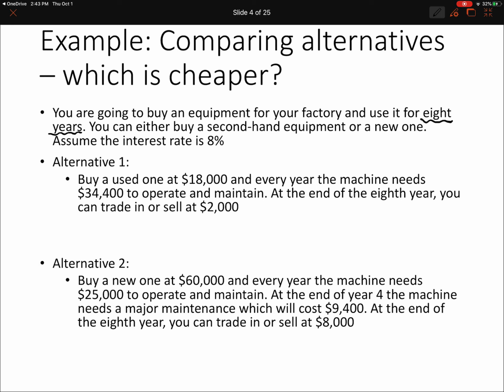And also, at the end of the 8 years, if you want to resell or trade it in, the price for this new equipment could be higher than the second-hand one because it's been used by just one owner for 8 years. So it's still very new, in good condition. But to buy this new machine, initially you need to pay much more than for the second-hand one. So you see the difference, right?